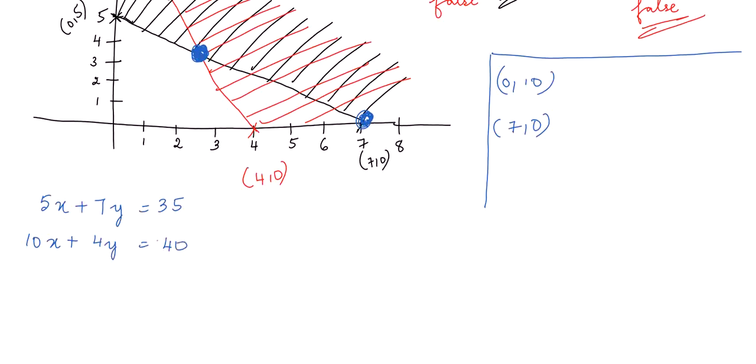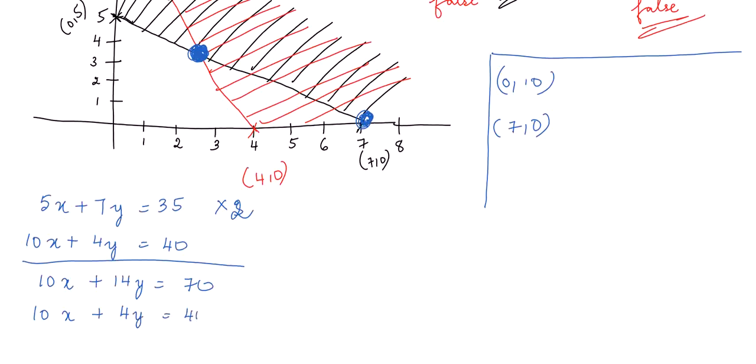Find the value of x and y, so that will be this point. So what do you get here? I can multiply the first by 2, so I get 10x plus 14y equal to 70, and this one as it is, 10x plus 4y equal to 40.